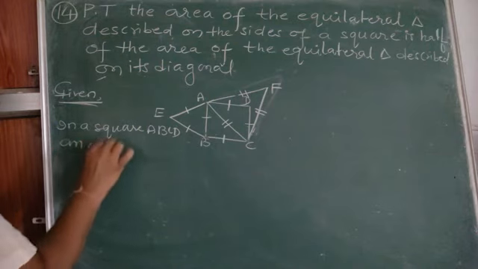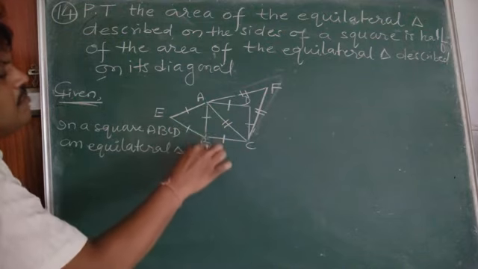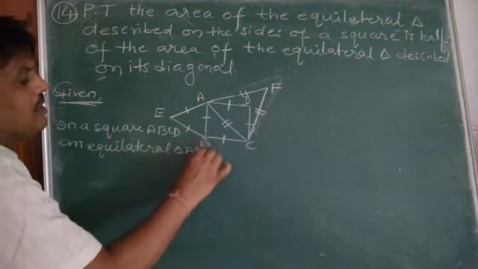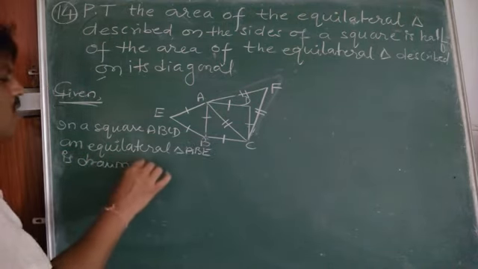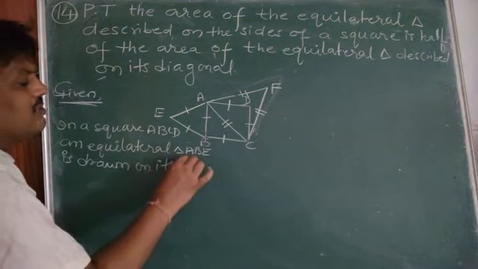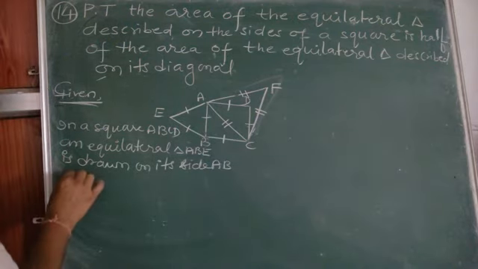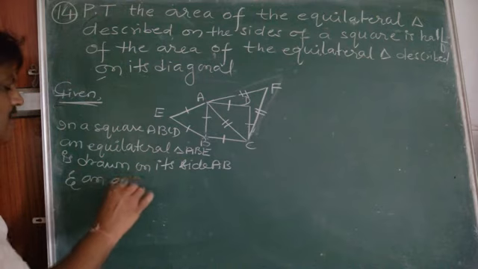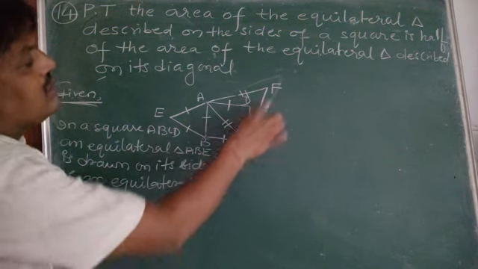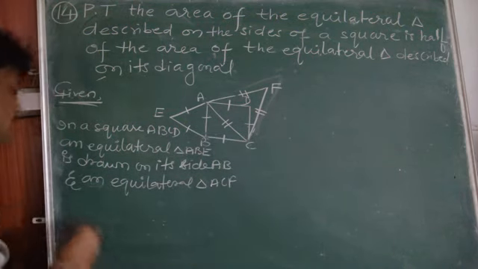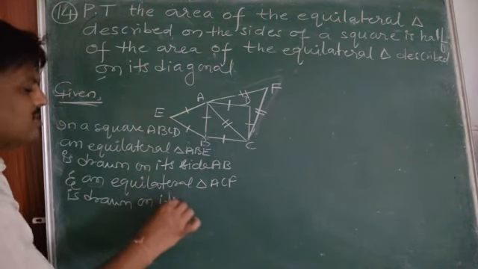And an equilateral triangle ABE is drawn on its side AB, and one more equilateral triangle ACF is drawn on its diagonal.